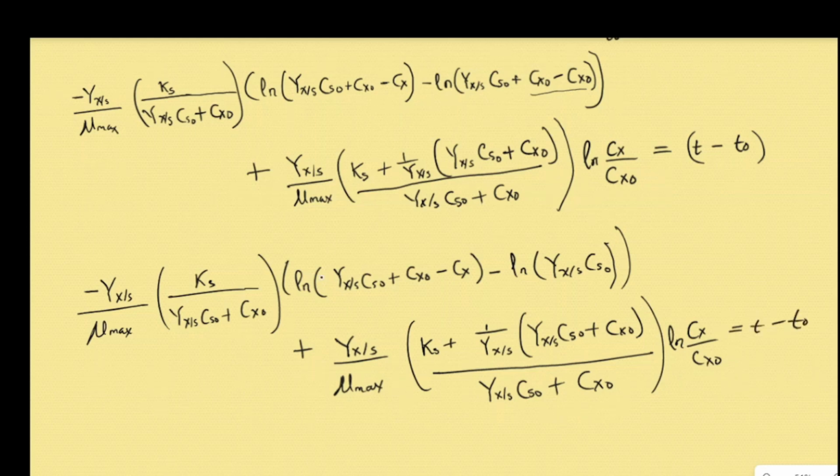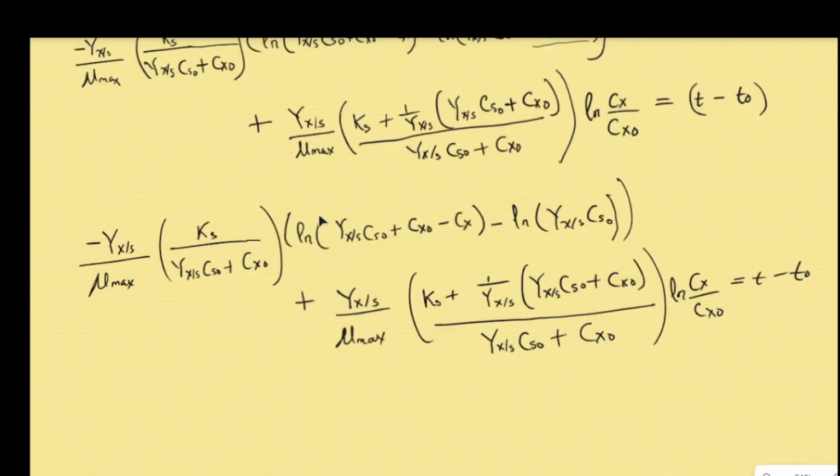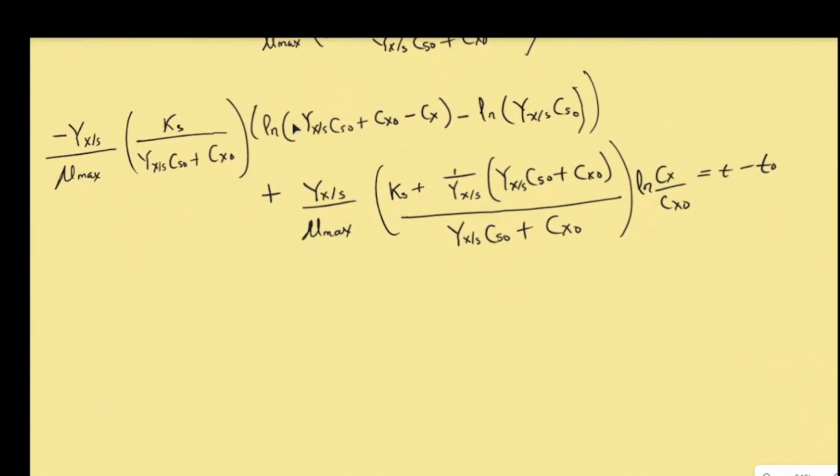So at this point, to make things simpler and shorter for me on the left hand side, we can multiply through by mu max. Or is it multiply only the left hand side?